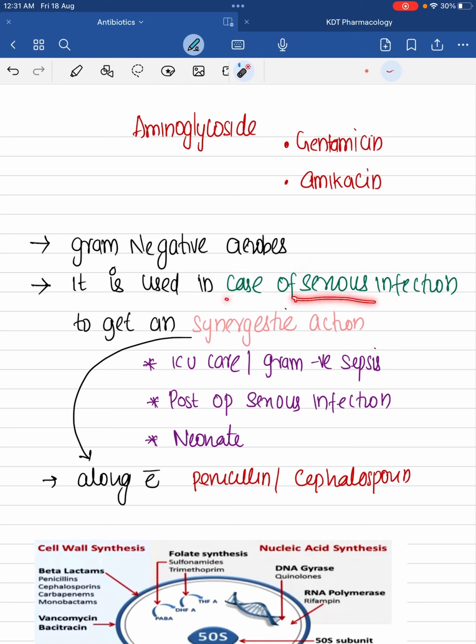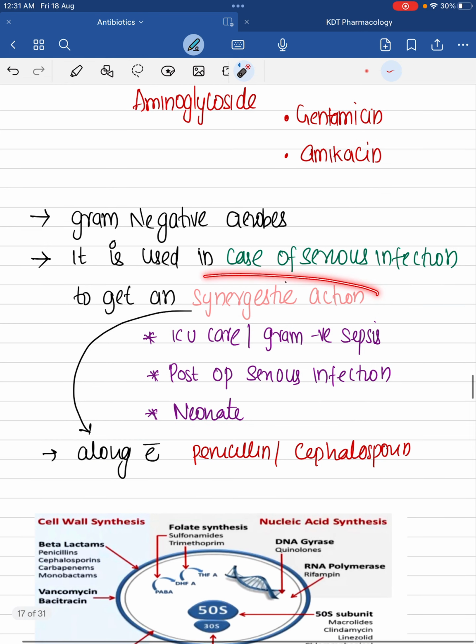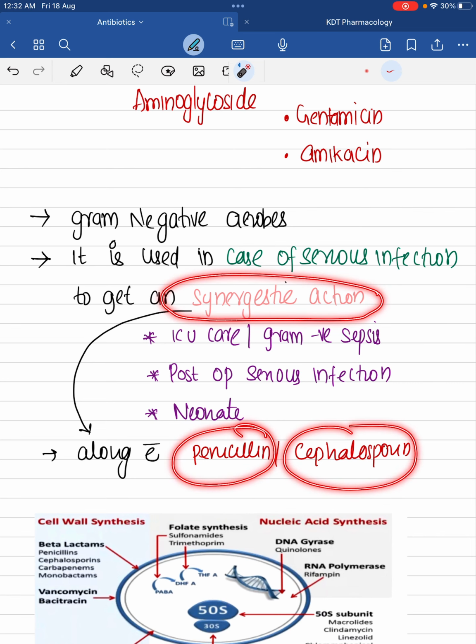So that is why we use amikacin in newborn infections, ICU care, any sepsis, or when we suspect a gram negative sepsis in an ICU care patient, post operative serious infections in newborns. We will be adding amikacin for gram negative coverage, and they are usually given along with other drugs like penicillin and cephalosporin.